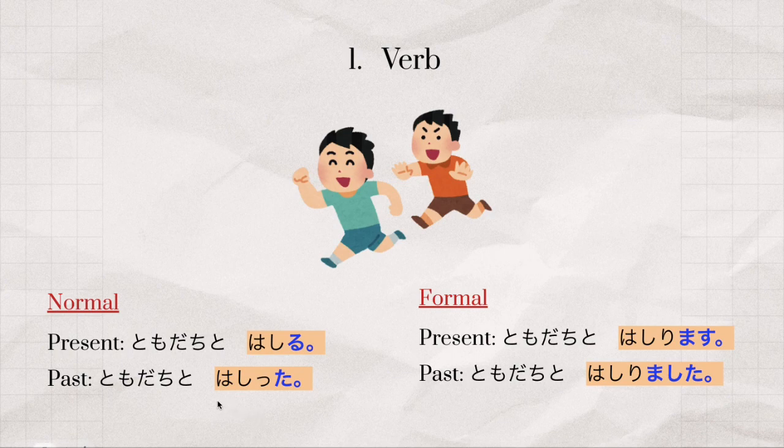So from normal form 走った, it would be 走りました. So very simple. All you gotta do is to switch up the words that end each verb. So る to ます, た to ました.